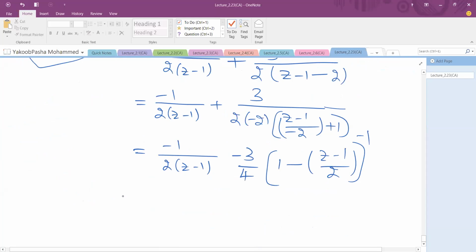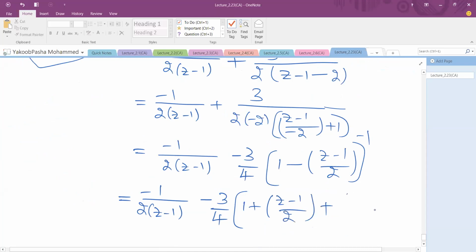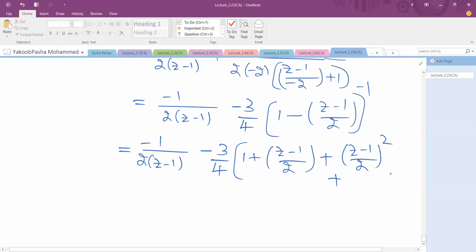So this is equal to minus 1 by 2 into z minus 1 minus 3 by 4 of, here the expansion: 1 plus z minus 1 by 2 as the first term, second term z minus 1 by 2 whole square, plus the third term z minus 1 by 2 whole cube, plus and so on. Okay, so this is equal to minus 1 by 2 into z minus 1 minus 3 into, we are taking 2 inside.